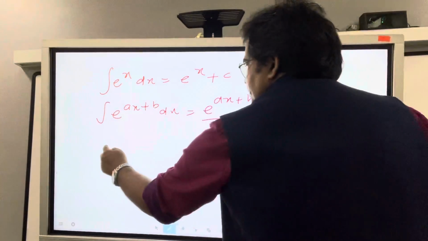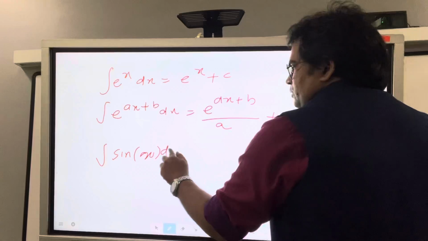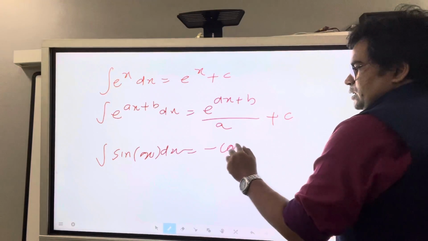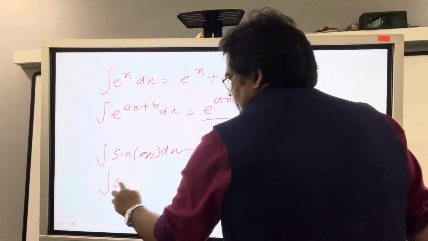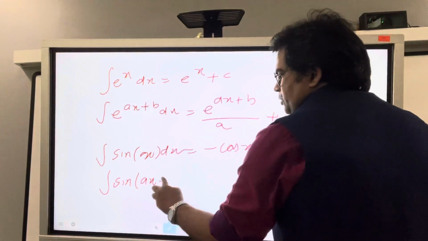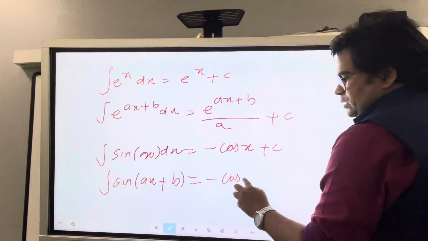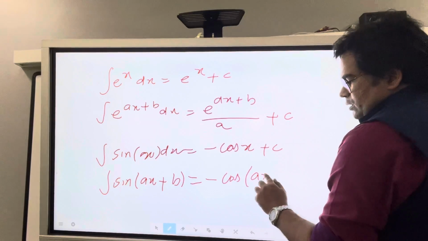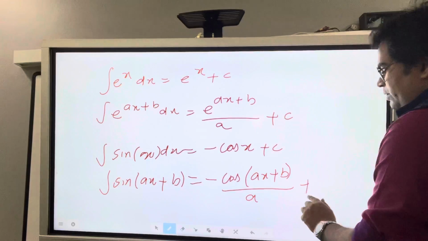The third one is if you got sine x, the integral of this is negative cos x plus c. So if you got sine ax plus b, integration of this is going to be negative cos of ax plus b, and don't forget to divide by the coefficient of x.